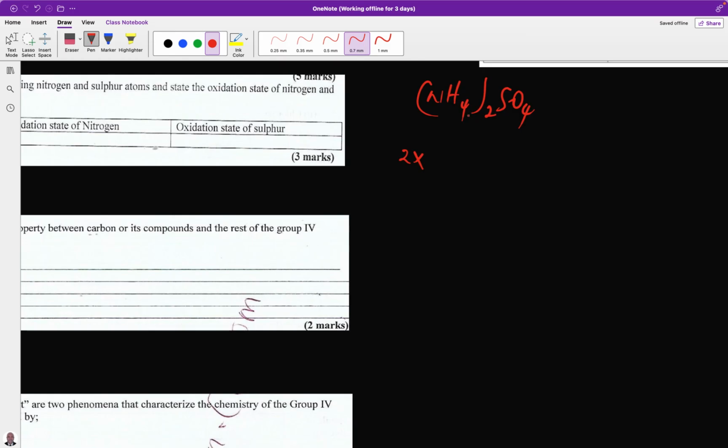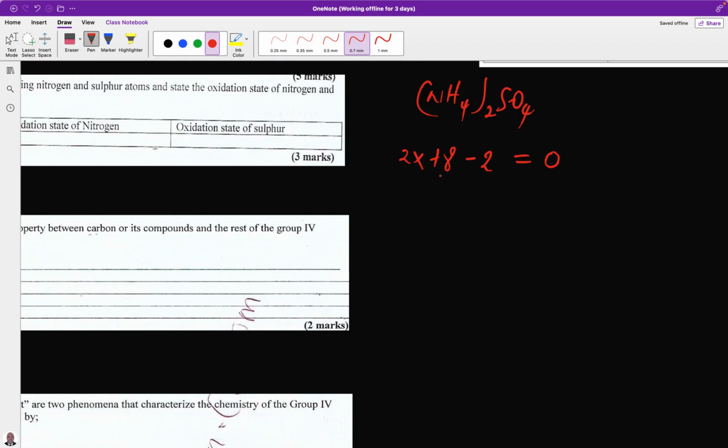The oxidation number for hydrogen is 1. 1 times 4 is 4. 4 times the 2 outside is +8. Remember, the oxidation number for sulfate as a radical is -2. And according to the rule, the sum total of the oxidation numbers of a neutral molecule is 0.